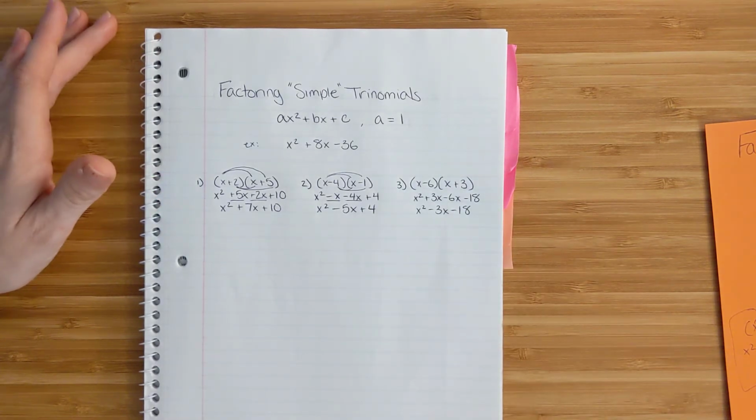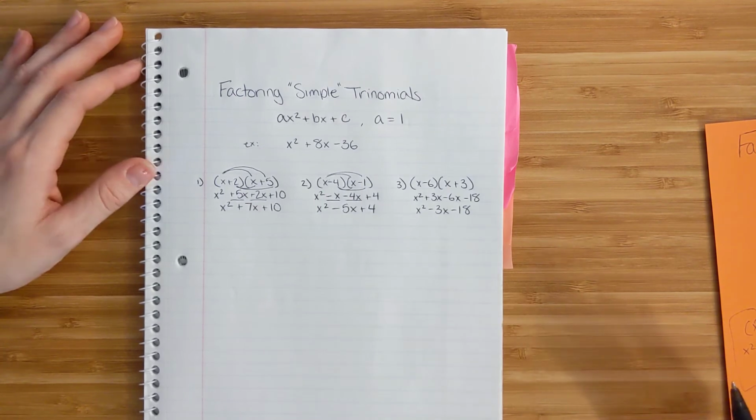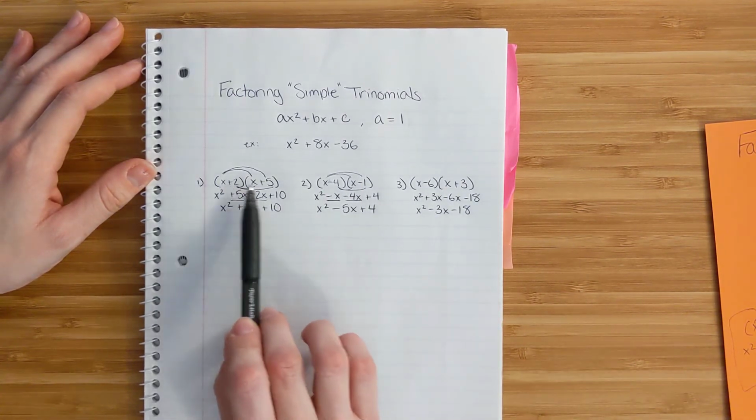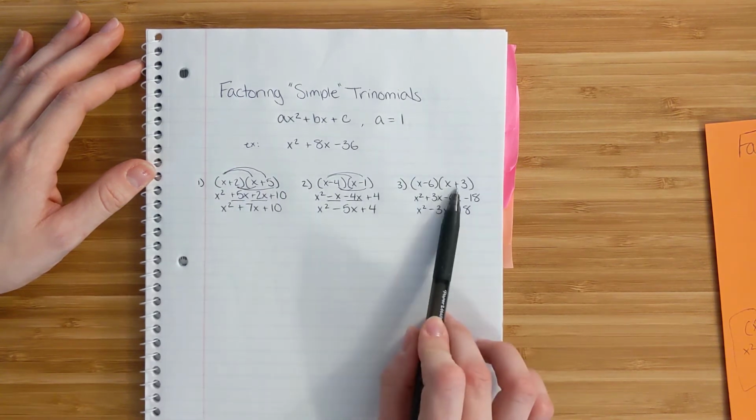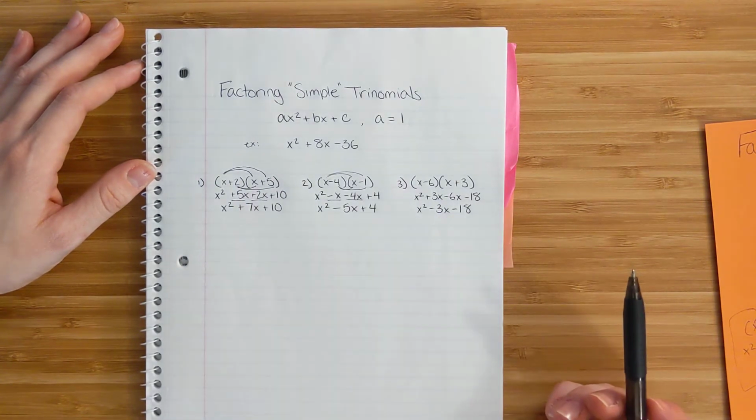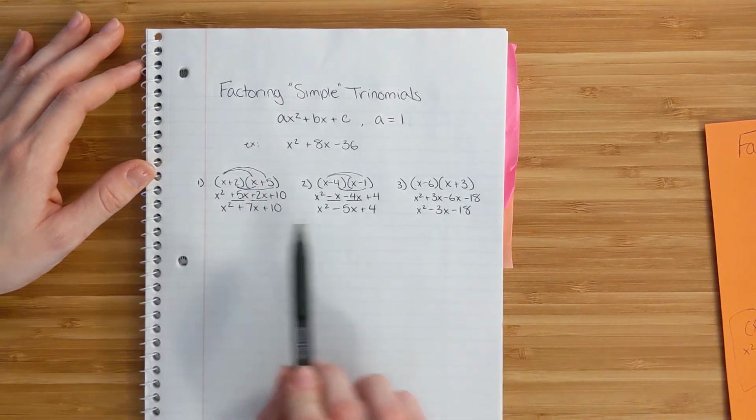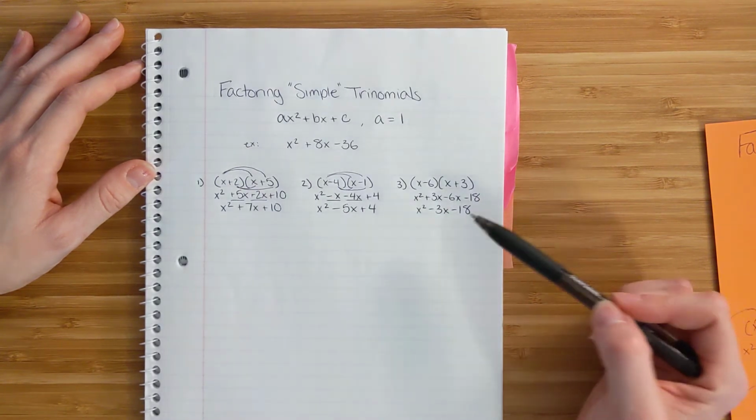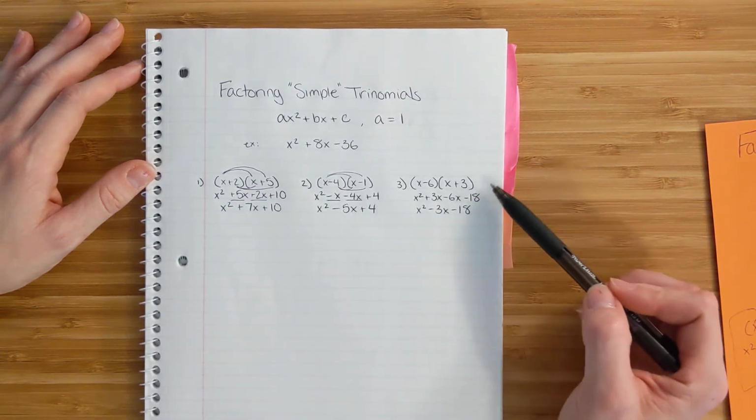Okay, so hopefully you might have picked up on a pattern or two. The first one that I notice is that all 3 of my examples are multiplying 2 binomials together. So that tells me when I'm dealing with these trinomials and I'm working to factor them back, I'm probably going to get 2 binomials that multiply together.